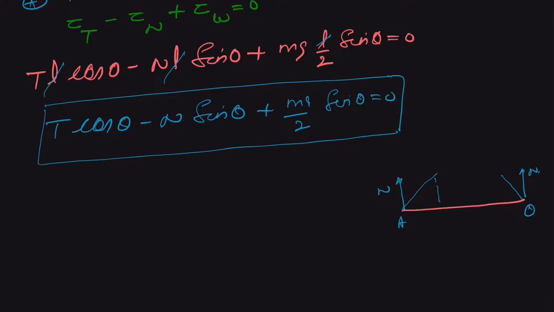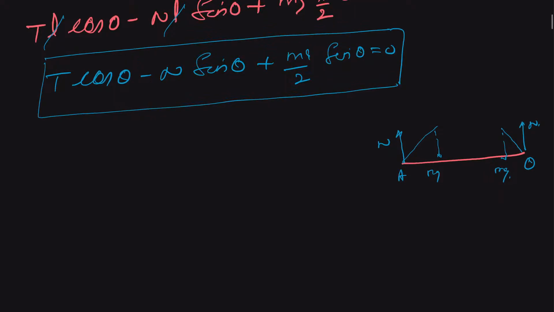The first rod is going to have a downward mg, and the other rod is also going to have a downward mg. Everything is in equilibrium. Therefore we can write that the upward forces are n plus n, which will be equal to mg plus mg. So this gives us that n is equal to mg.